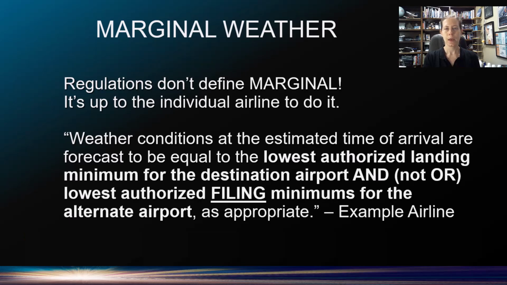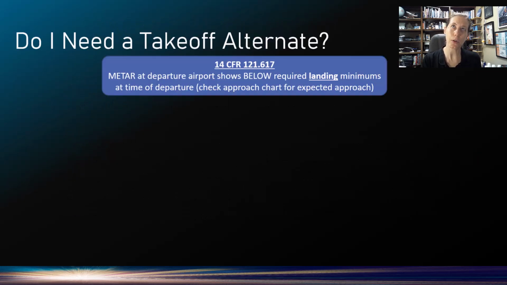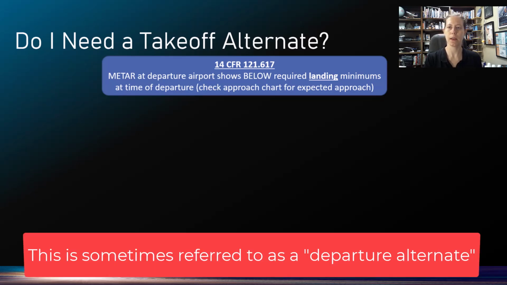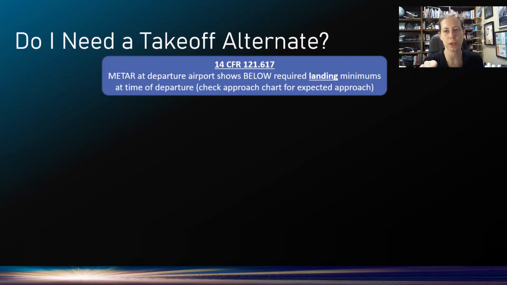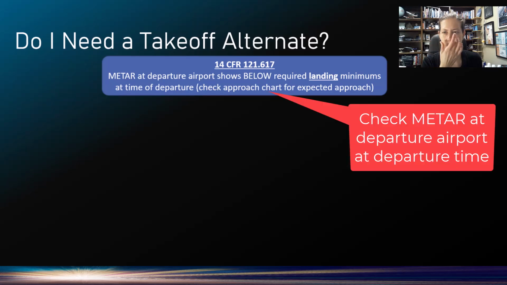Okay. Now, we also need to think about another little aspect. Do I need something called a takeoff alternate? Sometimes people call it a departure alternate. Okay, 121.617 says on this one, I look at my METAR at my departure airport, only my METAR is what I'm looking at here.